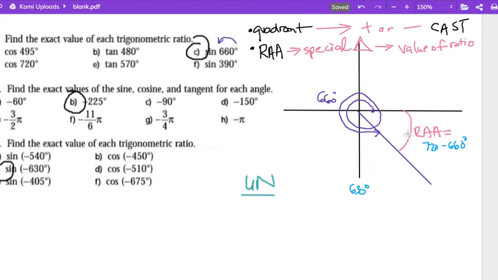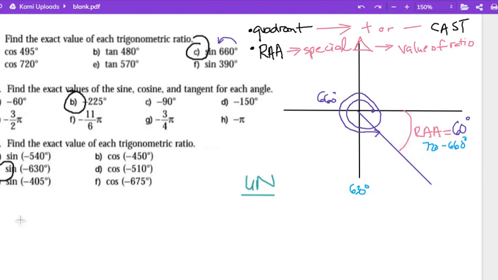There's a lot of ways to figure out the RAA. And we've got the RAA as 60 degrees. But if we do 660 minus 630, we will get 30 degrees. So this is 30 degrees, meaning this angle is 60. Remember, the RAA always touches the x-axis.